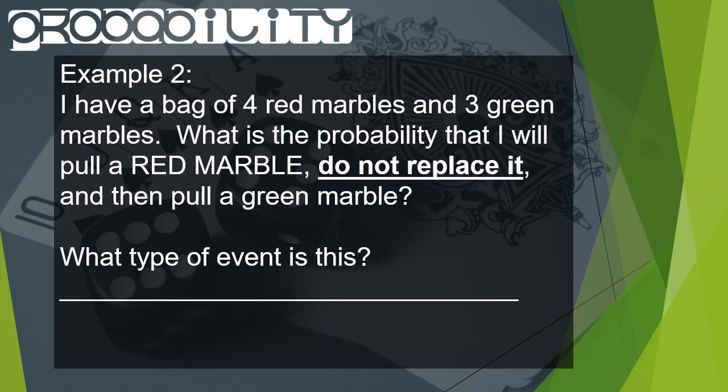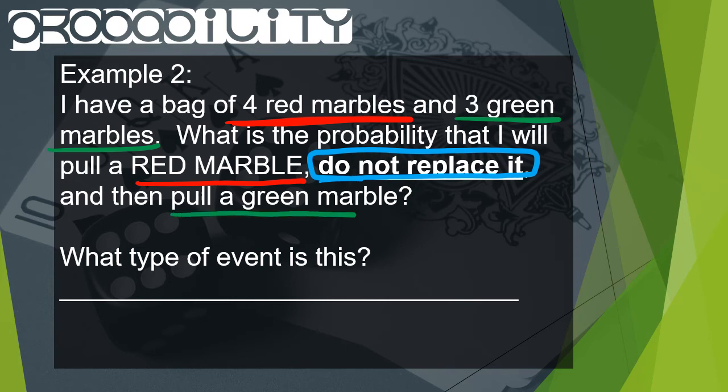It's very similar, except the key phrase changes. We have a bag with 4 red marbles and 3 green marbles. What's the probability that I pull a red marble, this time not replace it, and then pull a green marble out? When we do not replace it, this is classified as a dependent event.